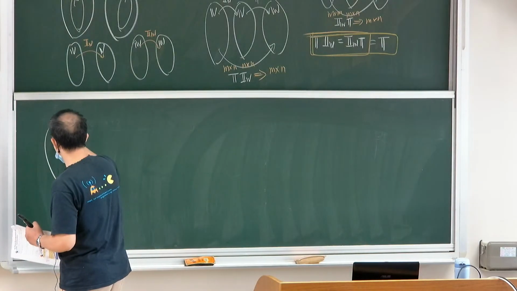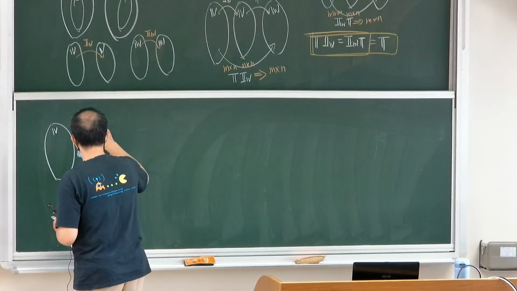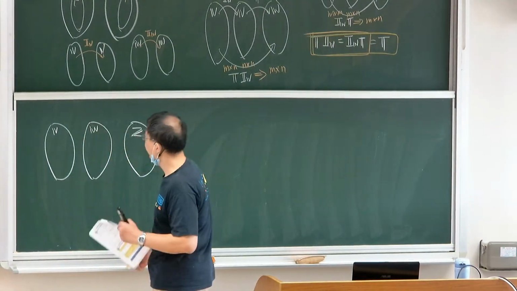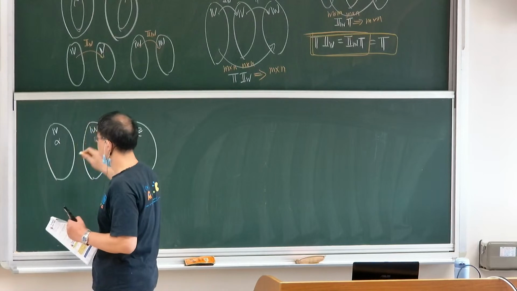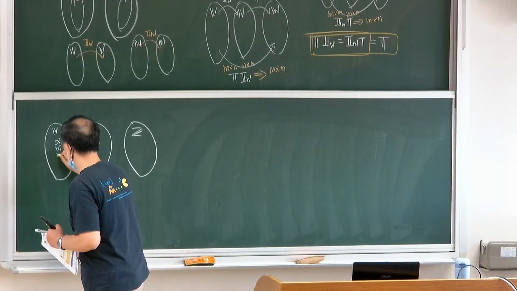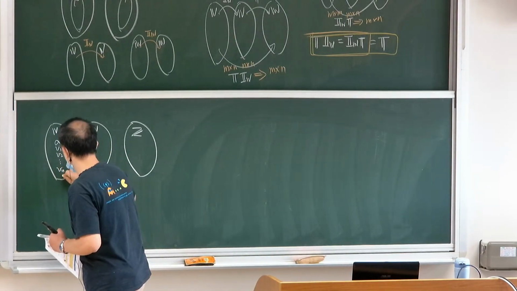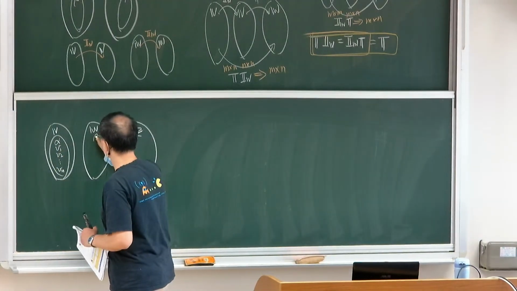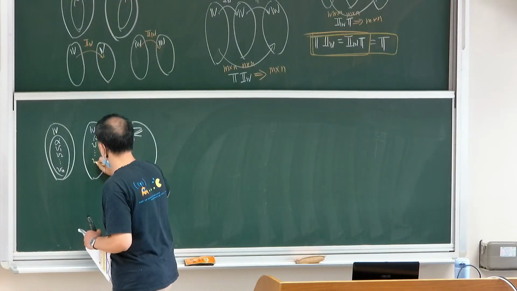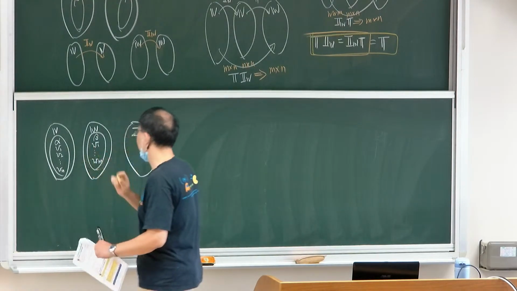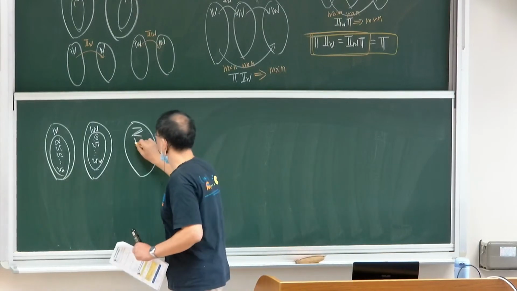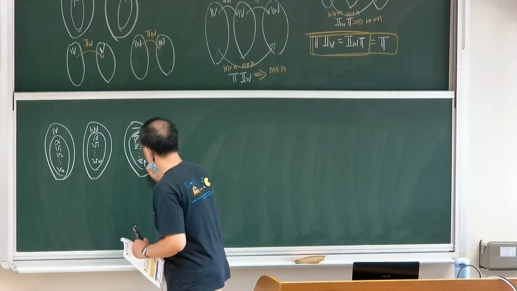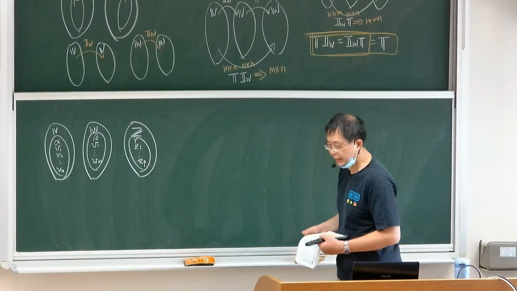I have V to W to Z. And here I have alpha, the basis of V with n vectors. I have beta, W1 to Wm, the basis for W. And I have gamma, from Z1 to Zp, the basis for Z.